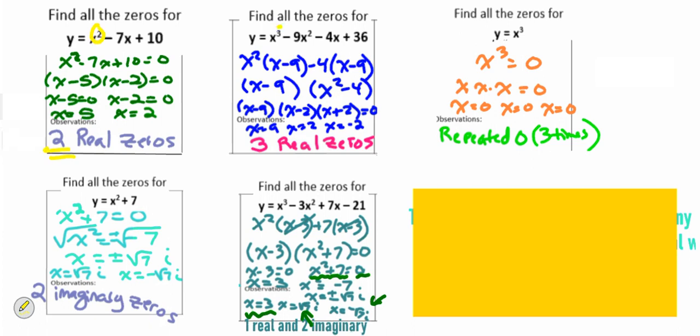When our highest power was 3, we had 3 real zeros. When our highest power was 3, we had 3 zeros that were repeated, but we're going to count that. Highest power of 2, this time we had 2 imaginary zeros, and highest power of 3, we had 1 real plus 2 imaginary, which means 3 zeros.